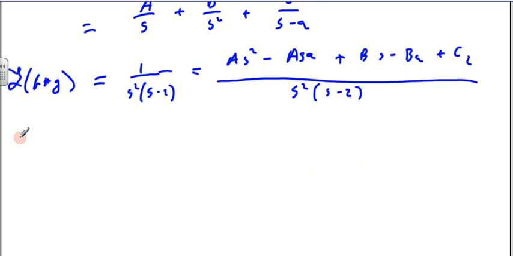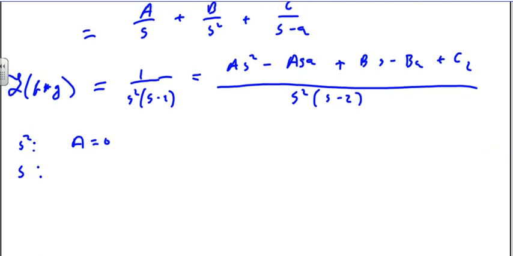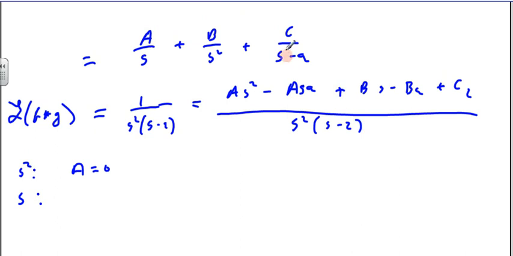Then we look at the s squared term, and we see that we have A plus C is equal to 0. We look at the s term, minus A, little a, plus B is equal to 0.